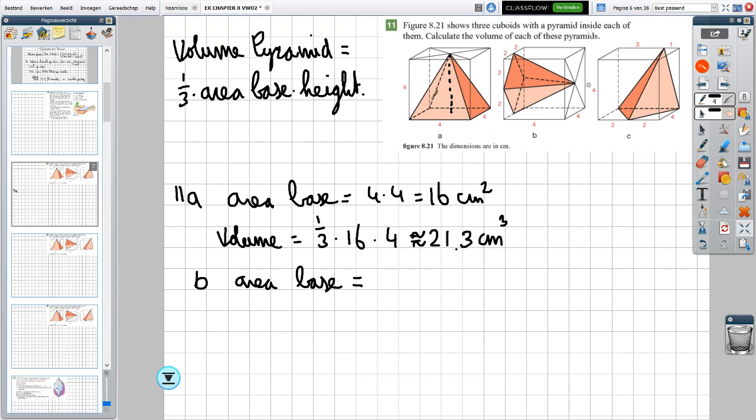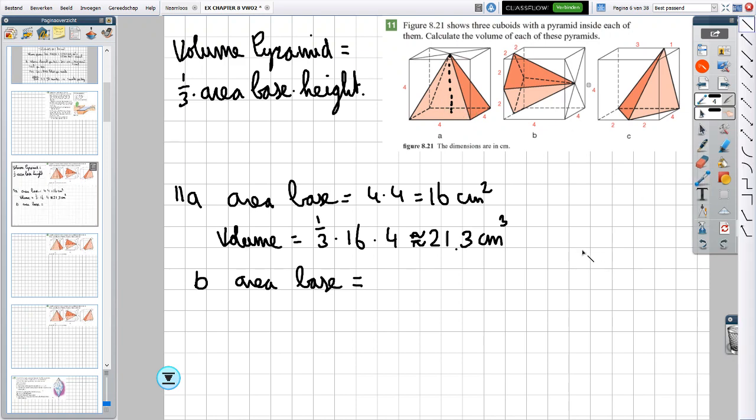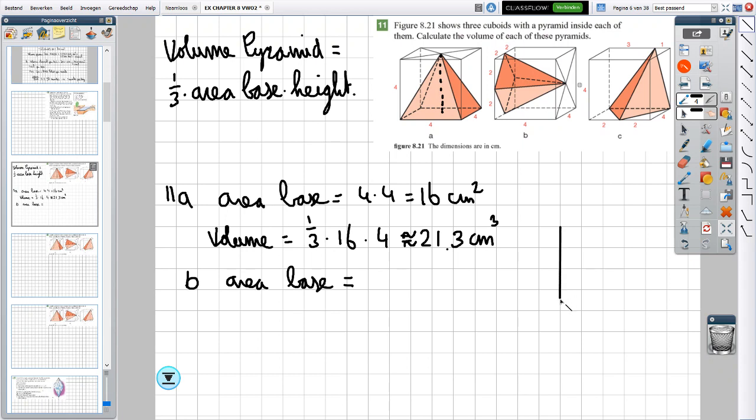Here I didn't sketch that because it's just very obvious what it is. Here I am going to sketch it. So it looks a bit like this.